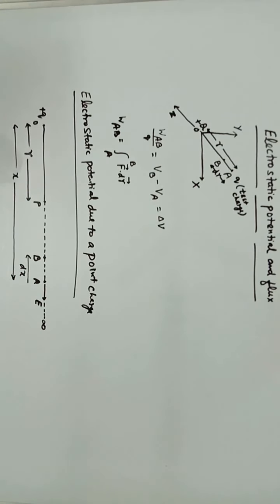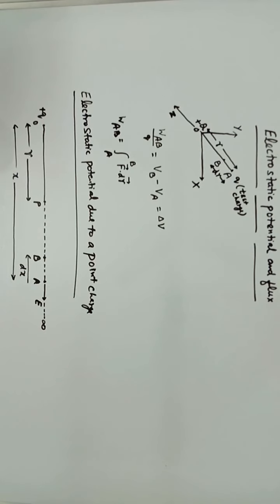Suppose we have to calculate the electrostatic potential at any point P due to a single point charge plus q which is placed at O. As work done is independent of the path, so we choose a convenient path along the radial direction from infinity to the point P without acceleration.